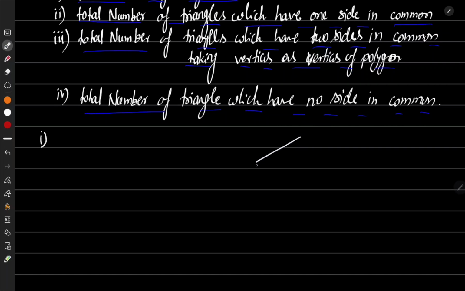Slowly bending like this, it keeps moving, and for n sides it will close, correct? Let's name the vertices P1, P2, P3, and then one more, P4.